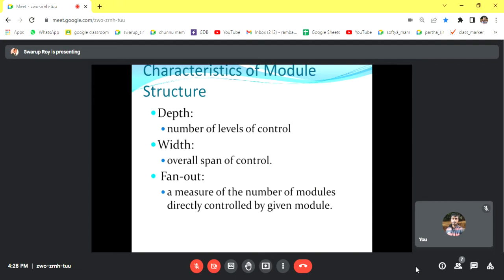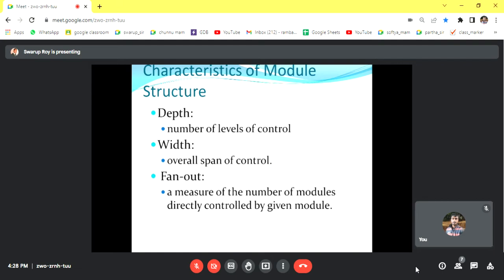Depth means the number of levels in a tree, from the root to the leaf node. Width means the span, that is, the maximum number of sub nodes of a particular node.